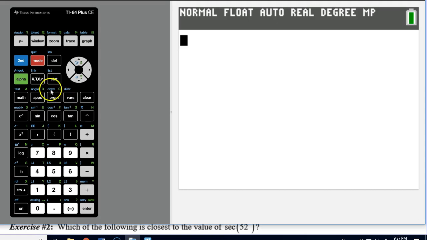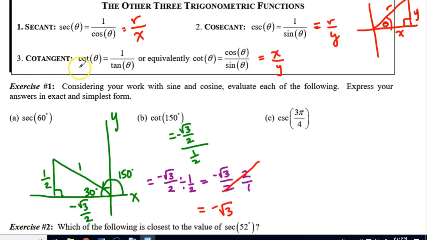So what we want is 1 over the tangent. Remember, I don't have a cotangent button, so I need to express cotangent in terms of sine, cosine, or tangent. Like if I wanted to find secant of 60, like in this problem, I could do 1 over cosine of 60. It's just that my calculator is not necessarily going to give me an expression of the answer if it's irrational like this.